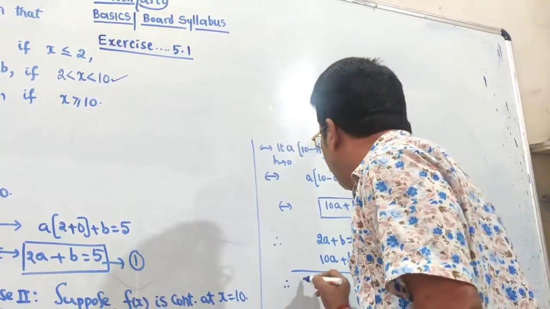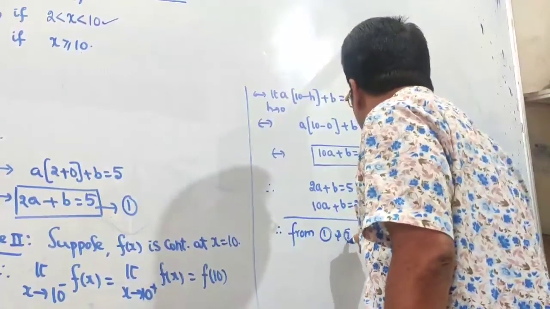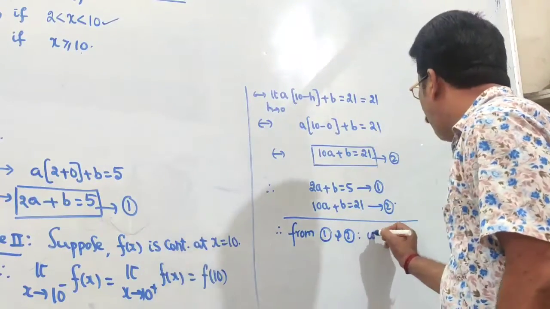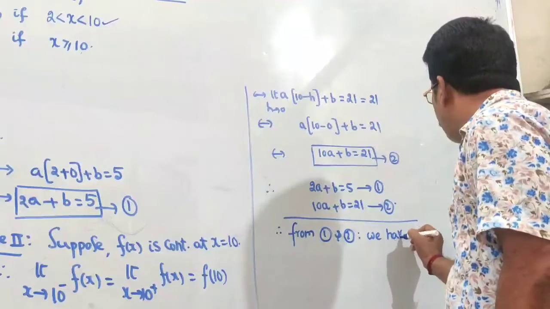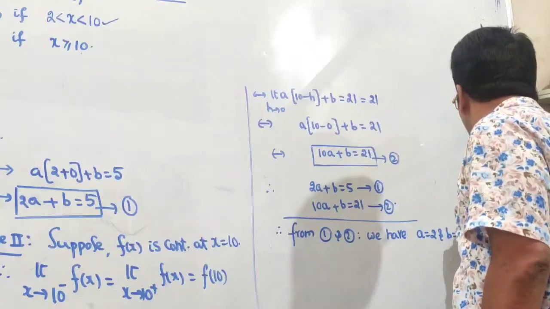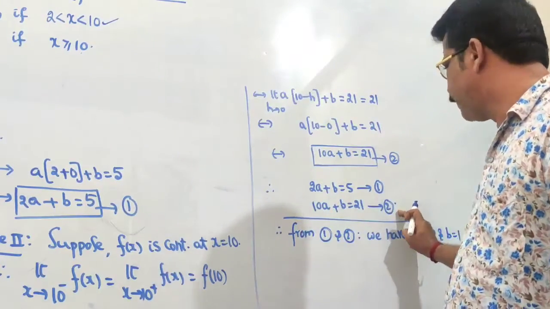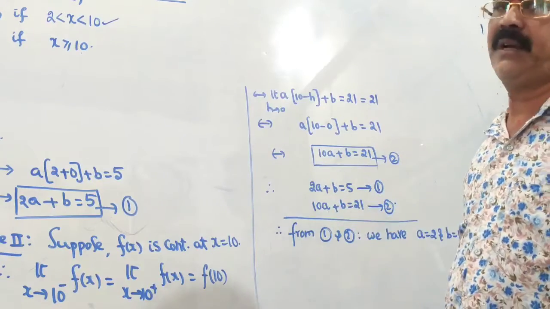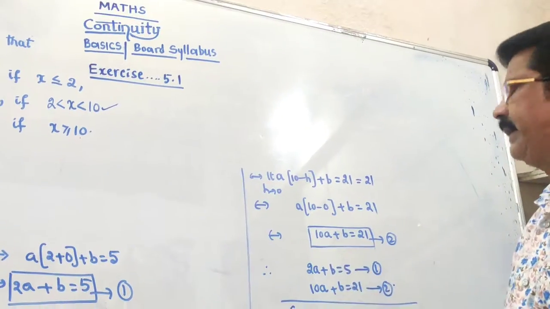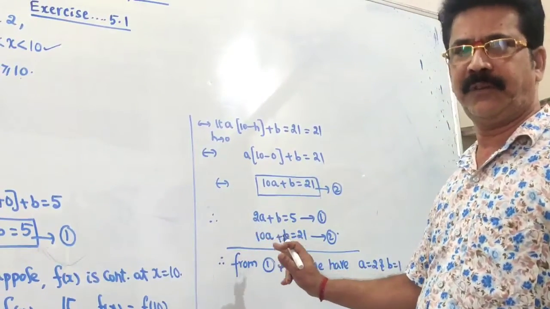So from 1 and 2, we have clearly a equal to 2 and b equal to 1. You can solve these two equations by the substitution method, elimination method, or cross multiplication method. You can follow any method for the values of a, b.